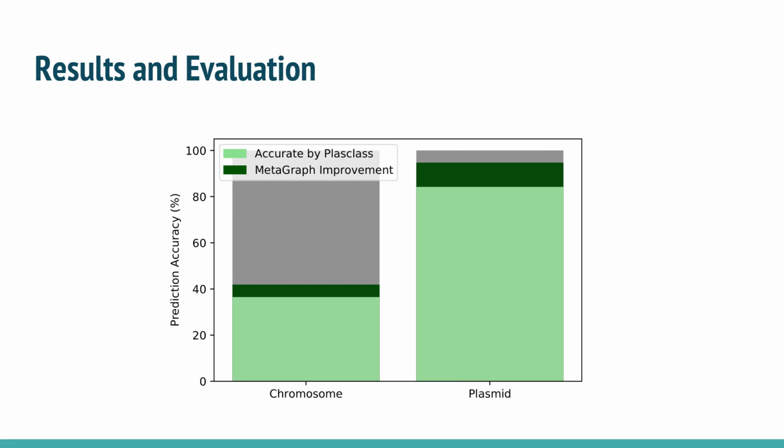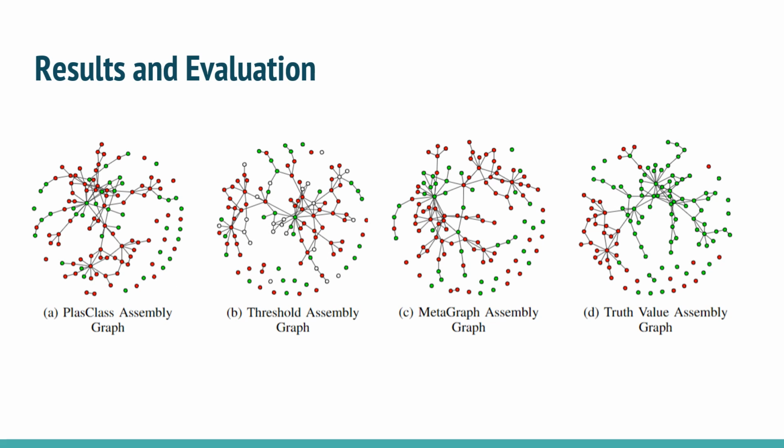This diagram shows the percentage improvement for the 2C5P dataset. The result propagation for the 2C5P dataset using assembly graphs is shown in this diagram. The red nodes are the chromosome predictions, while green nodes are plasmid predictions. The white nodes denote the low-confidence unclassified nodes.